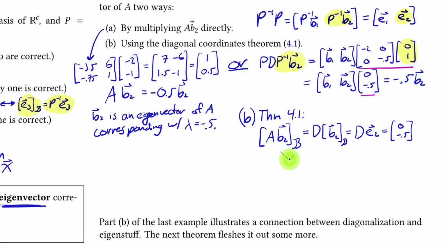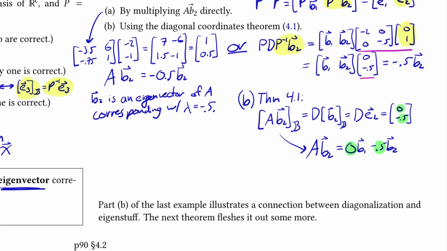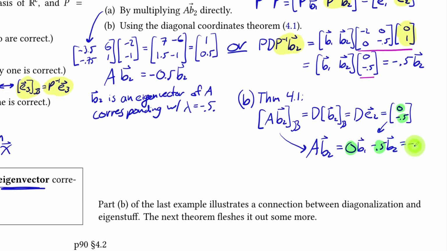And what does this mean? Well, it means Ab2 is 0 b1 minus 0.5 b2, because those coordinates, 0 and -0.5, are the weights you need to multiply b1 and b2 to make the linear combination come out to be Ab2. And that is, of course, just -0.5 b2. And so this is also saying that b2 is an eigenvector of A corresponding with lambda equals -0.5.